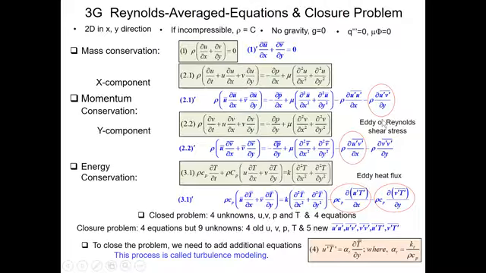Finally, the newly created variables after time averaging have special names. This is called eddy or Reynolds stress, and this is called eddy heat flux. In the future, if you read a research paper, you will run into them when the convection involves turbulent flow.